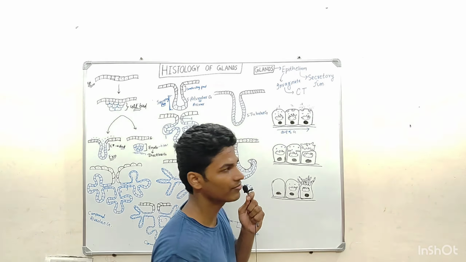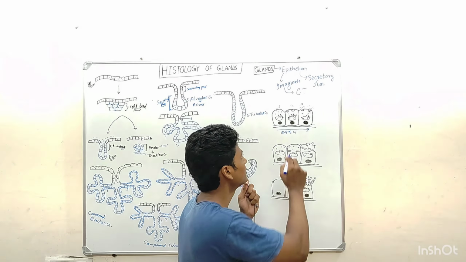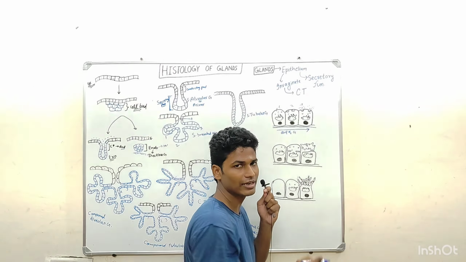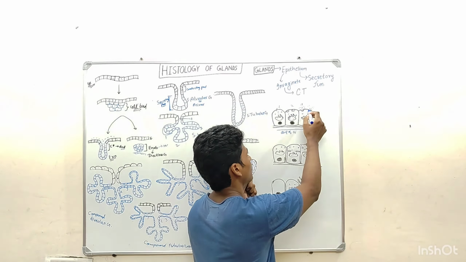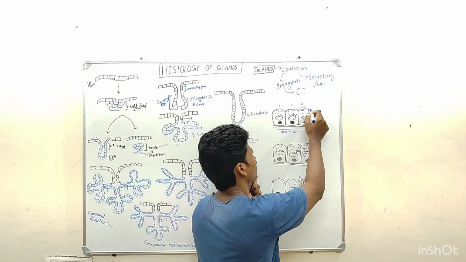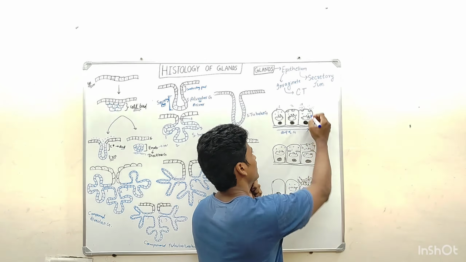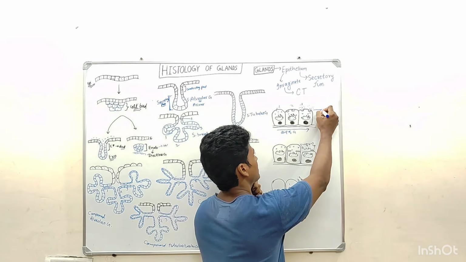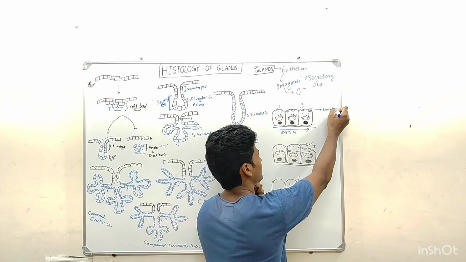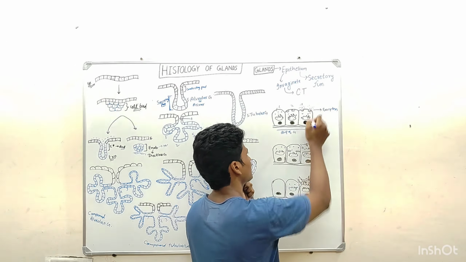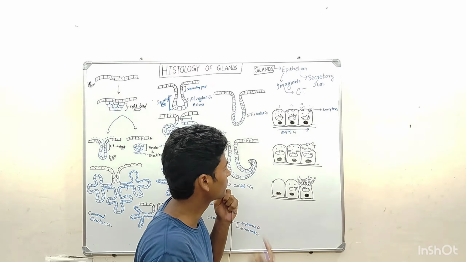It basically forms a plasma membrane, and when the cell is fully matured, this vesicle comes out of the cell by a process called exocytosis, and the secretion comes out through this.